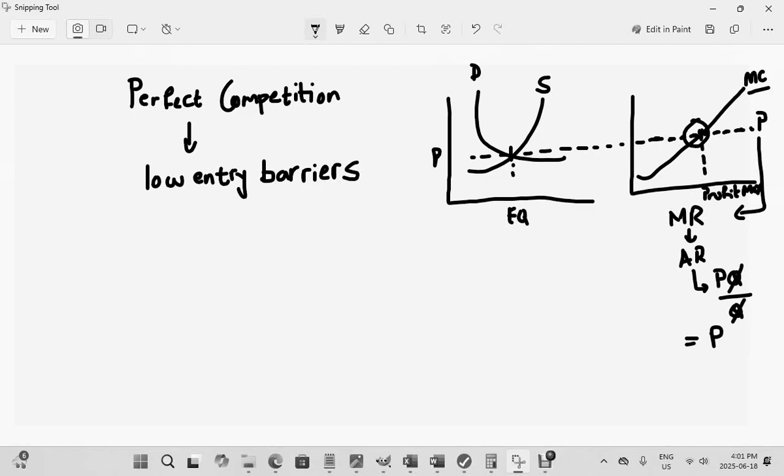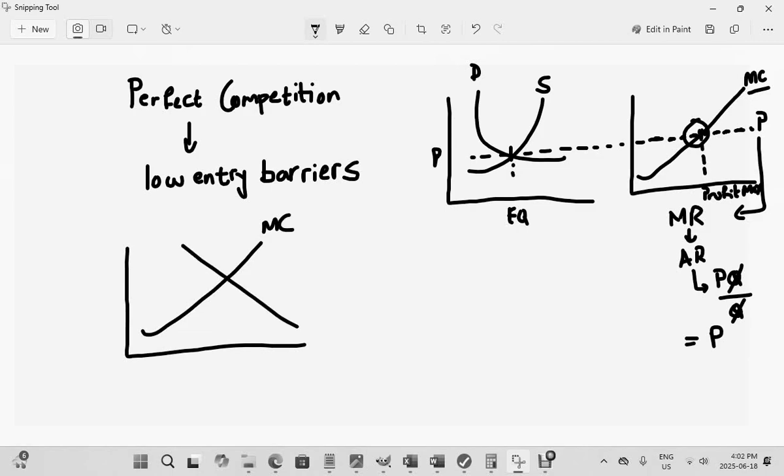In a monopoly, the profit maximization point works differently. Assuming this is your marginal cost, in a monopoly this will be your demand curve, and this will be your marginal revenue right underneath demand.